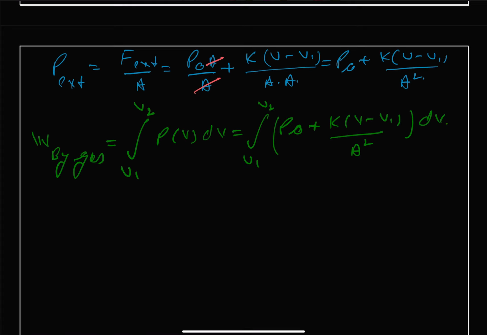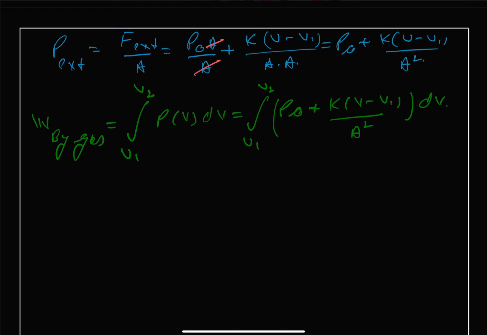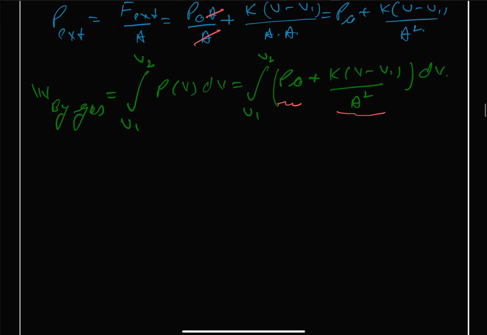And we have two terms here, one is P_A and the other is K(V minus V1), so we separate them, and for the first we are going to get P_A times (V2 minus V1), plus the second part. Let us solve it separately because the second will be requiring substitution.